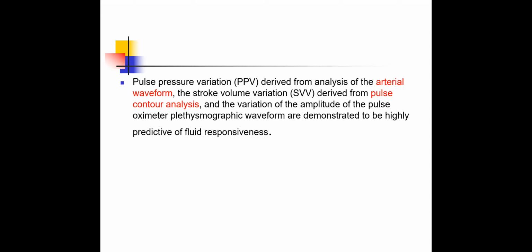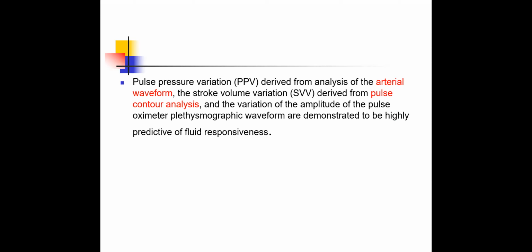We use them to predict the fluid responsiveness. Again, remember the term. The predictiveness of fluid responsiveness means probability. It signifies that it is probable that infusion of fluid will help the heart improve the cardiac output.